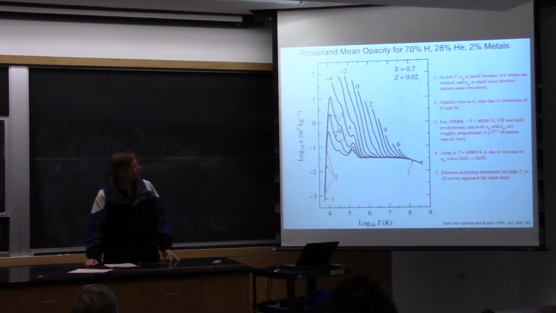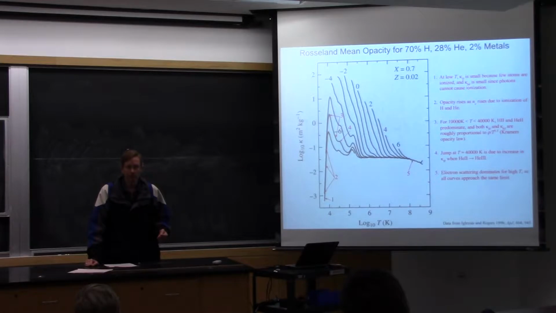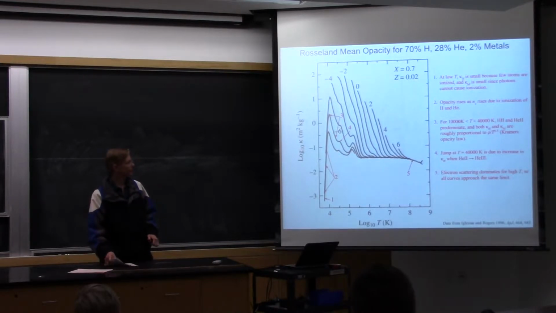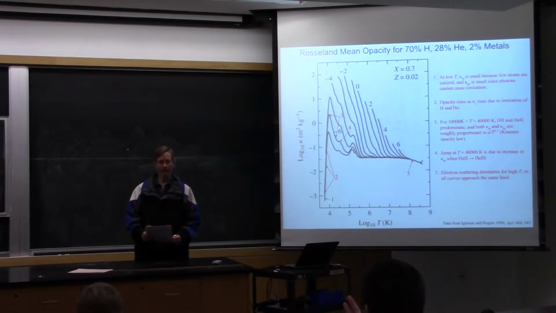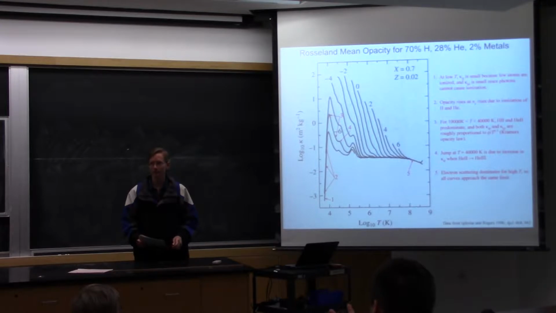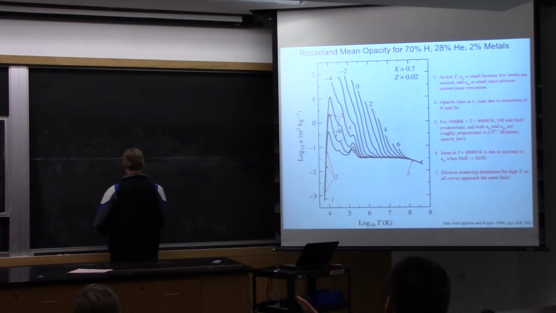So the bound-free opacity is small here just because at low temperatures, typically you need like ultraviolet energy photons at least in order to ionize things, maybe even more than that. And at low temperatures, there's very few photons that have enough energy to ionize anything. So at low temperatures, the free-free and bound-free opacities are small because everything is pretty much neutral and the photons don't have enough energy to change neutral things into ionized things, is what it comes down to. So that's that end of the scale there.